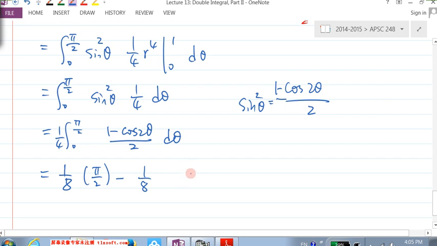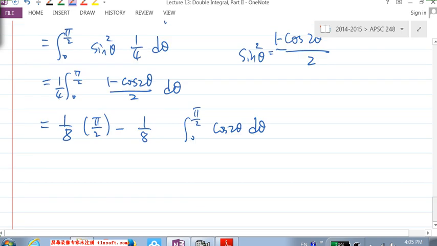For cosine 2 theta, okay, maybe I'll just carry this out here, d theta. So this is how I use the substitution rule, maybe a little bit different from most of you here. What I normally do is this, so watch carefully.